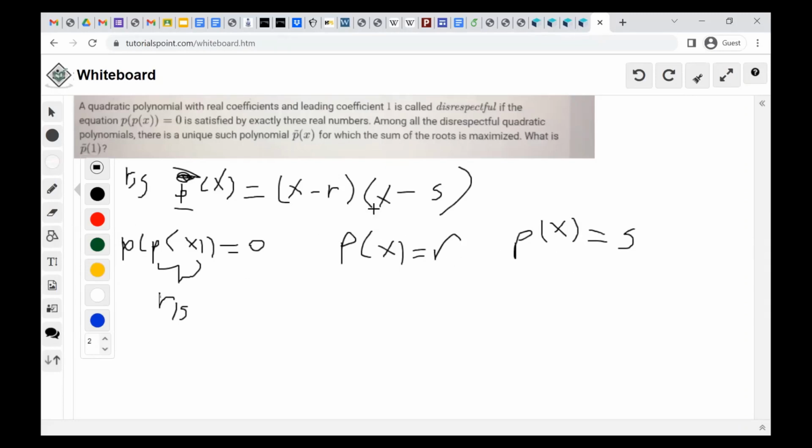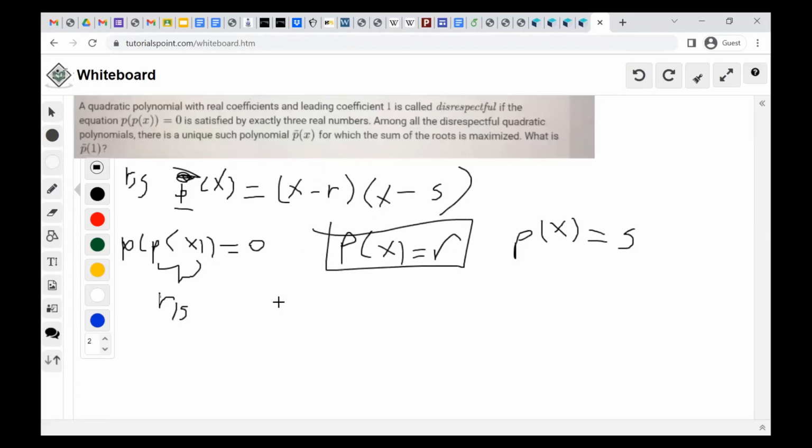So we have this or this, and since this equation is satisfied by exactly 3 real numbers, then one of these equations, right, these are both quadratic equations, so they should have 2 roots each. But since there's only 3 unique real roots, one of these must have a double root. So let's say that this has a double root, right?